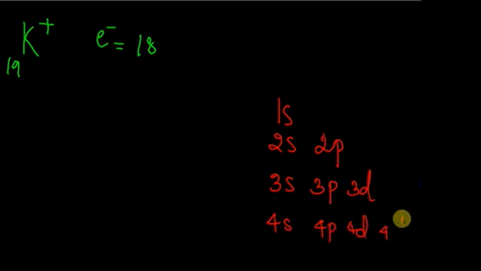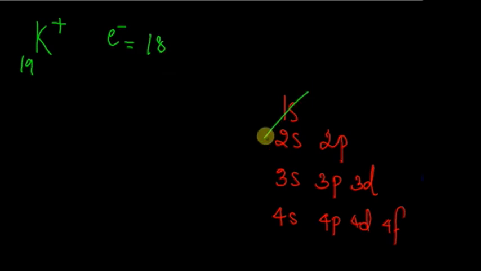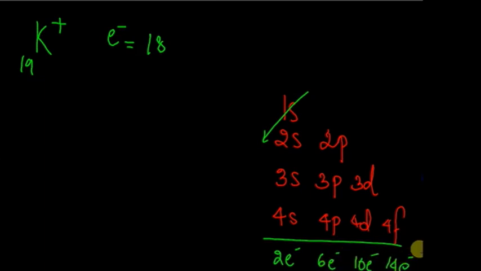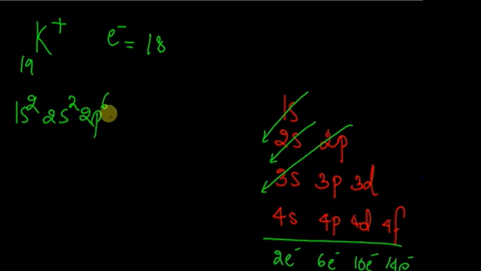Now to start writing, we know we start from 1s, and s can take 2 electrons, while p can take 6 electrons, d can take 10 electrons, and f can take 14 electrons. So again, let us begin with 1s, and we have 1s2. Next, 2s2. Then moving on to 2p and 3s, we have 2p6 and 3s2.